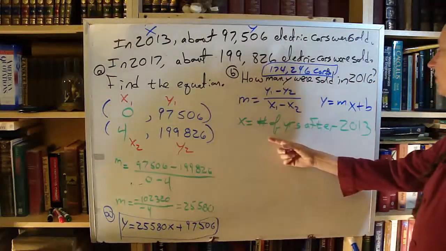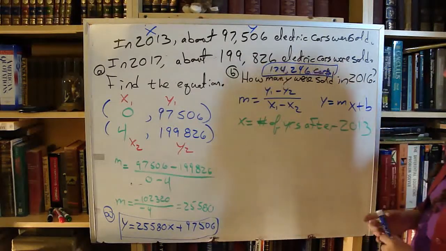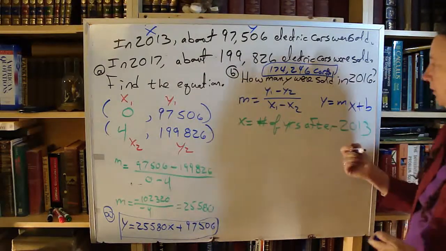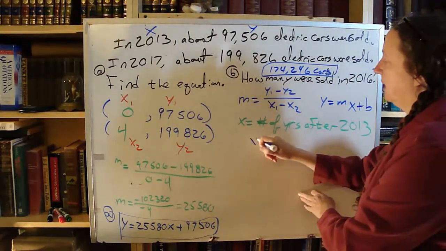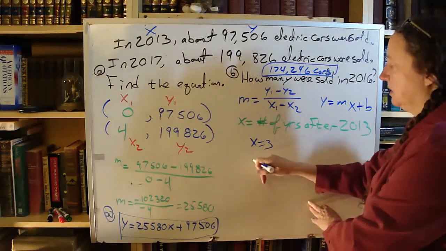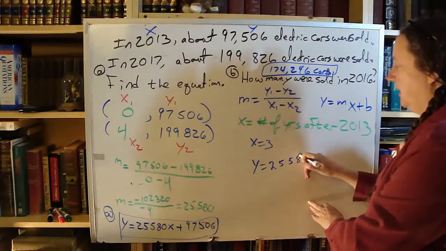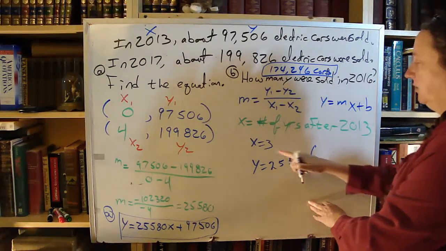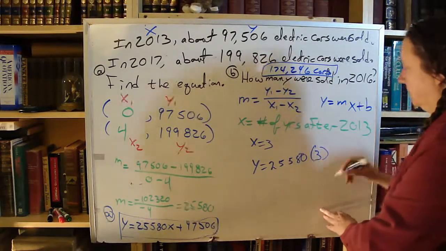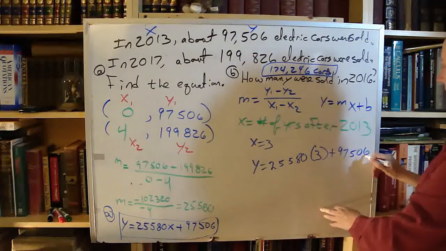So how many years after 2013 is 2016? 3. So here I have x is 3. And I'm going to plug that into my equation. y equals 25,580 times 3, plus b, plus 97,506.